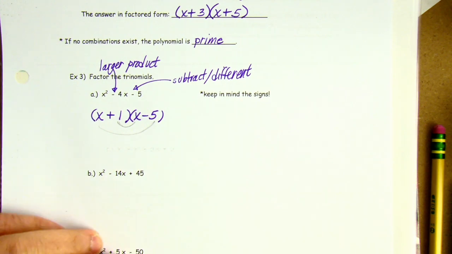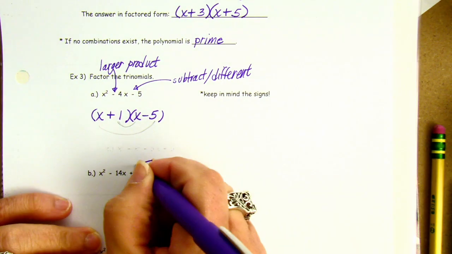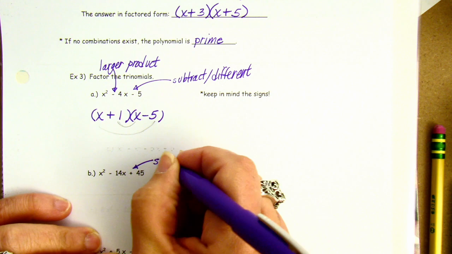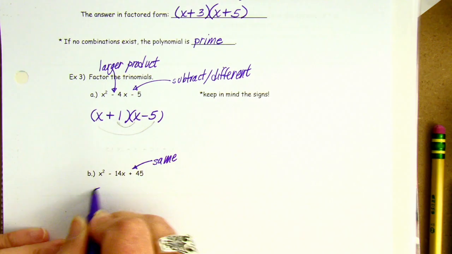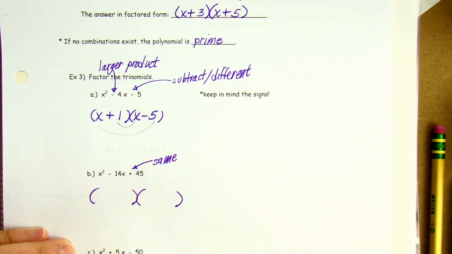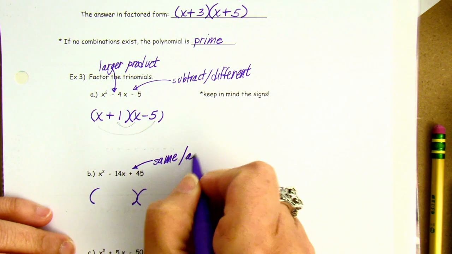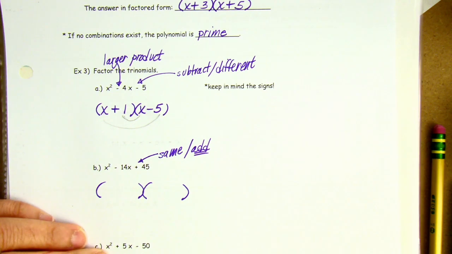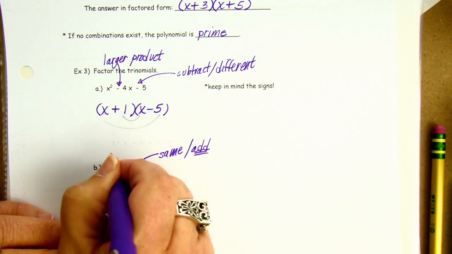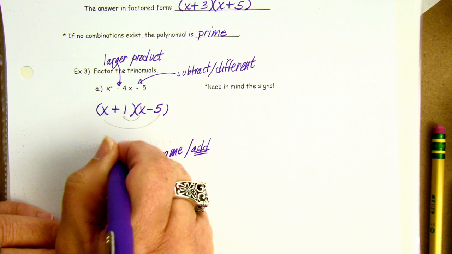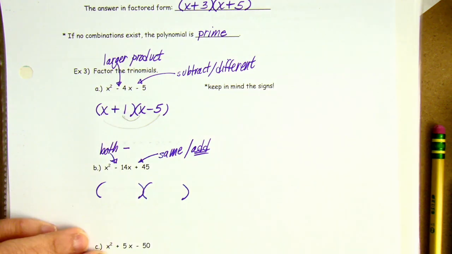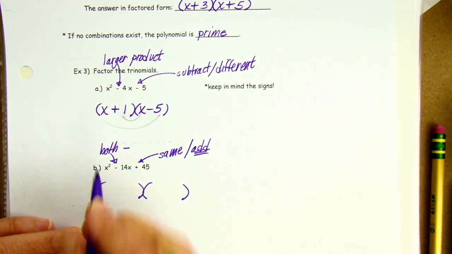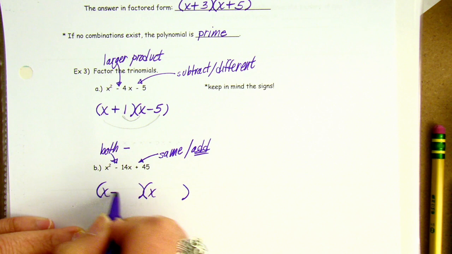Okay, let's do the next one. This means same signs. Same signs in your two binomials. And not only are the signs the same, but we're going to add products. Okay, so you always want to think this out first. This tells us that both signs are negative. Okay, so we get x, x. We know it's both negative.